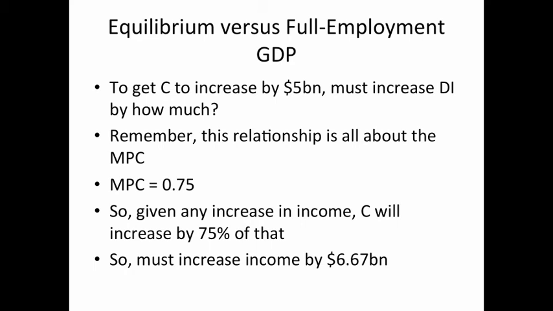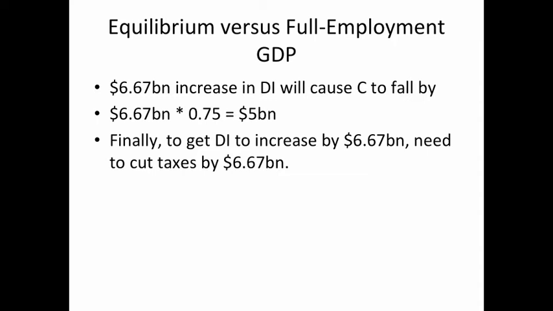So what is $5 billion 75% of? It's 75% of $6.67 billion. If we could increase income by $6.67 billion, consumer spending would rise by 75% of that, $5 billion, which is how much we want consumer spending to rise by.